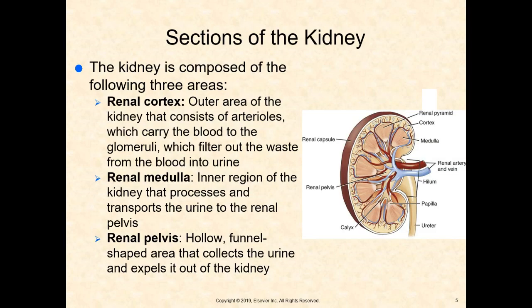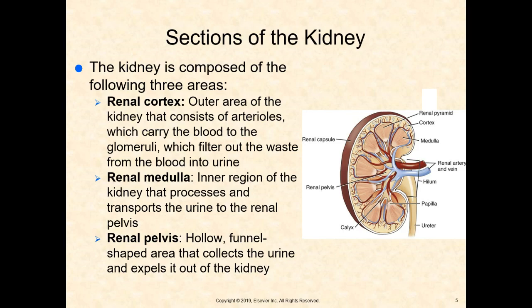All right, different sections of the kidney. The kidney is divided into different layers, so to speak. The first one, the renal cortex, is the outer area, the outside of the kidney, and consists of arterioles that carry the blood to the glomeruli, which filter the waste from the blood into the urine. So that's where the blood travels first. The renal medulla is kind of the middle region.